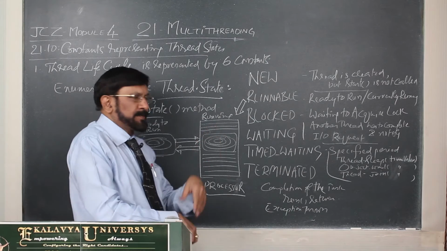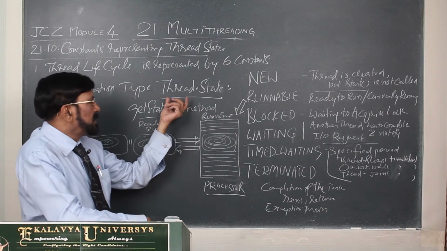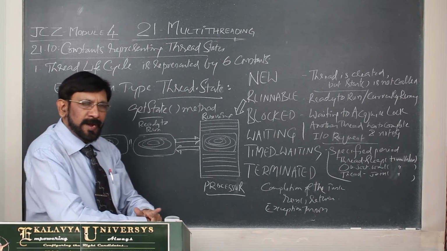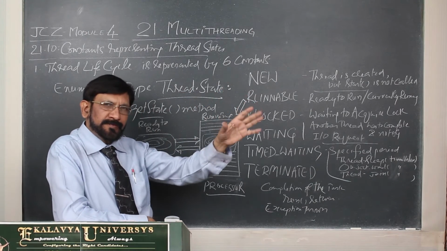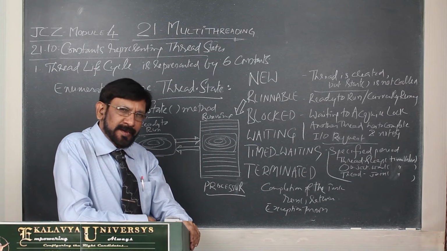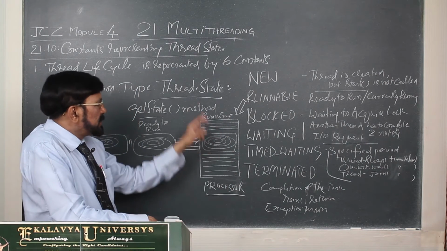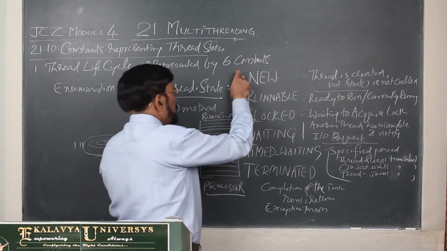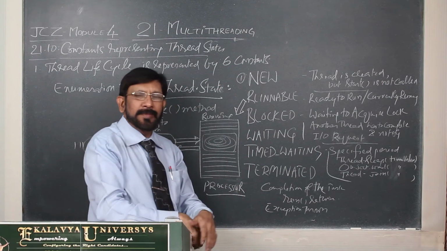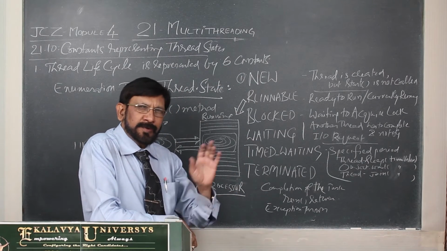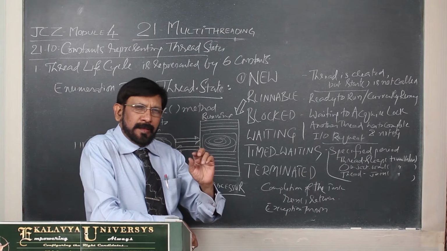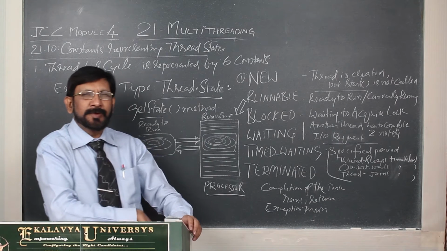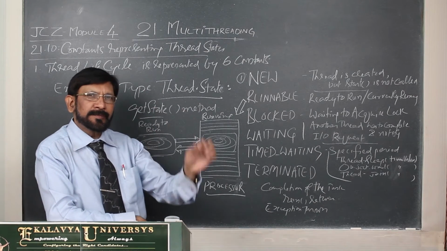Okay, those two points you understand. Now I explain the thread states defined by the Thread.State enumeration. You know that in enumerations we define a set of constants. In this case, it defines 6 constants. The first one is NEW. Once again I repeat that the first step in multithread creation is that we create a thread object.